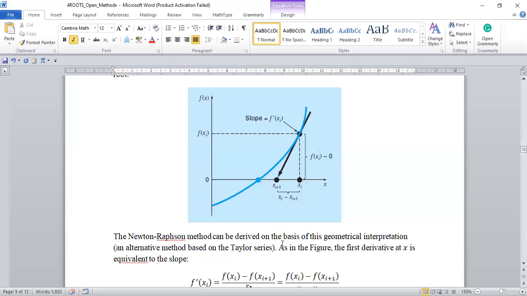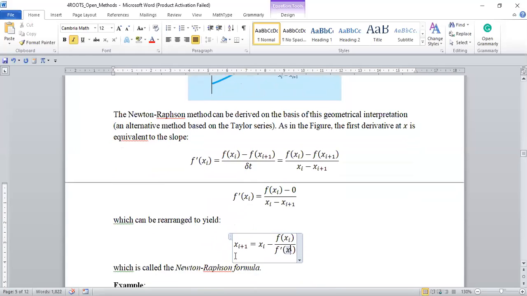So the way we derived the Newton-Raphson formula is that using this figure, the tangent or the slope is given by the change in y divided by the change in x. So the change in y is f(xi) minus 0, because at this point it is f(xi), then at this point it is 0. So this is the change in y, then this is the change in x. Just subtract this from this and you get the change in x. So the Newton-Raphson method builds from this.